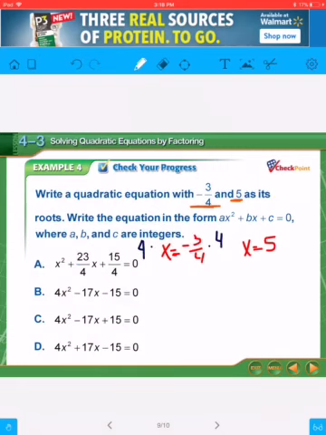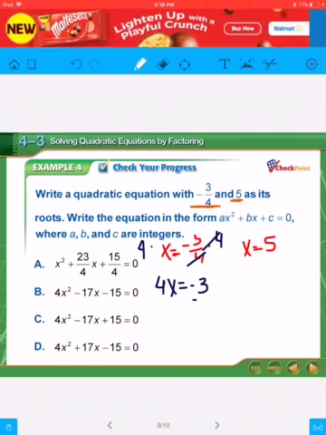So I have 4x equals negative 3. And now to get the 3 over, I'm just going to add 3 to each side. So my first factor is 4x plus 3. And then over here, x equals 5, so I'm going to subtract 5 from each side so that my second factor is x minus 5.